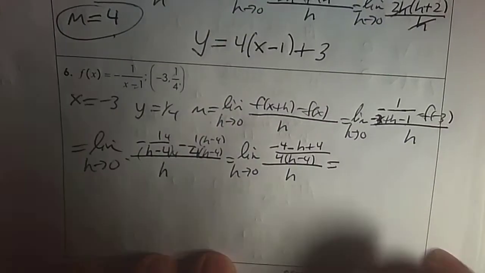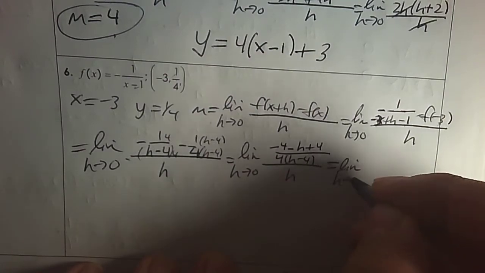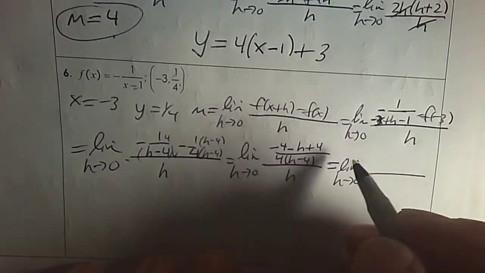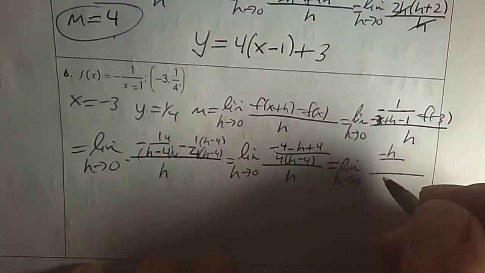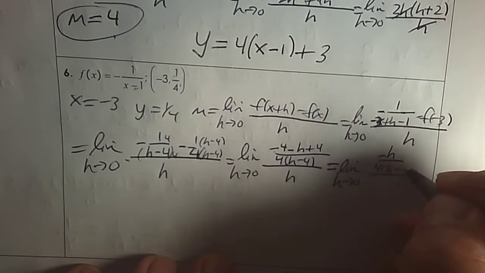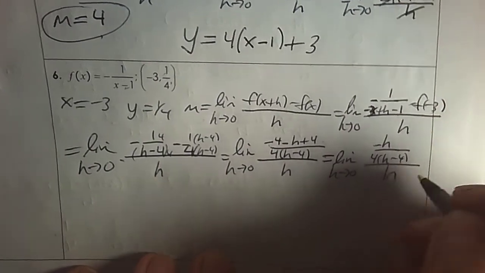Again, some heavy lifting with algebra. So the limit as h approaches 0 here, combine like terms, -4 plus 4, that gives me -h, and then 4h subtract 4 in the denominator over h.